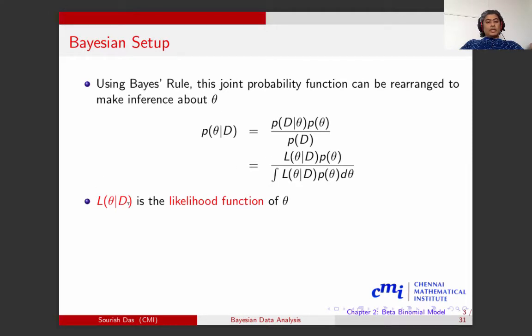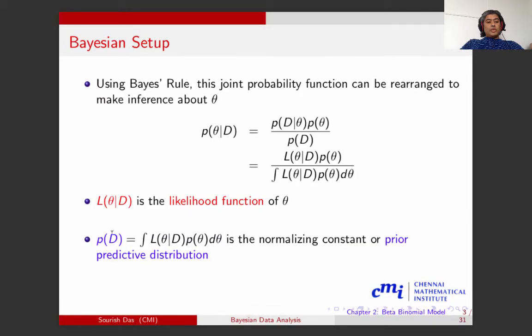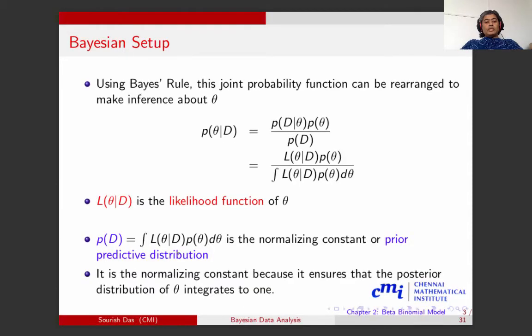Now L of theta given D is the likelihood function of theta. P of D, which is the denominator here, the integration of L of theta given D times P of theta d theta, is the normalizing constant, the prior predictive distribution. It is a normalizing constant because it ensures that the posterior distribution of theta integrates to 1.